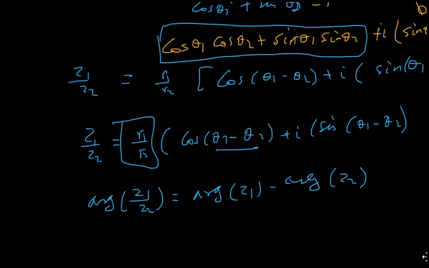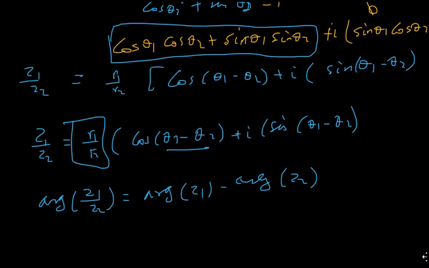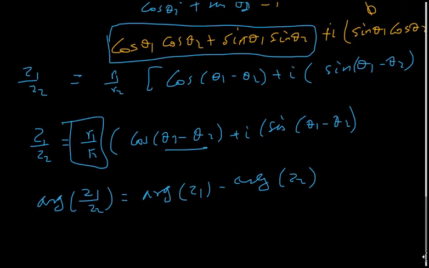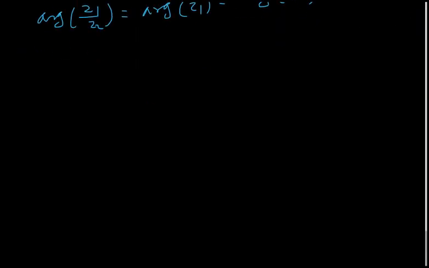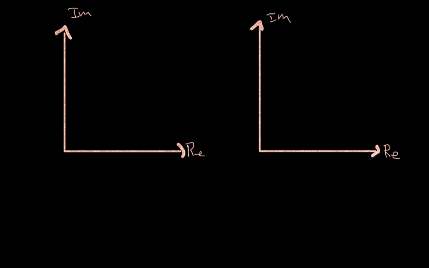So how are we going to represent this geometrically? Let's have a coordinate system here. Just pause the video and try it again. Geometrically, let it be z1 and z2. This is z1, with its argument here, and then let's have another complex number z2.